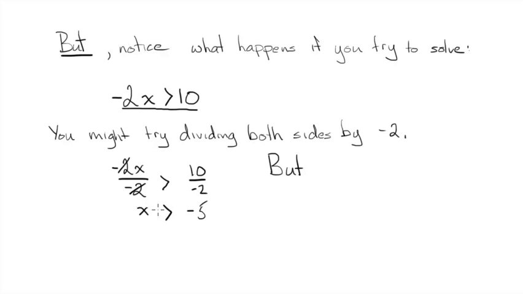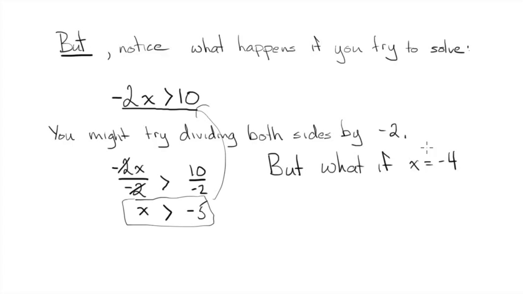What's a number bigger than negative 5? What if x is negative 4? Negative 4 is bigger than negative 5. So if this is the solution set, then I should be able to substitute negative 4 into this, and it should be true.